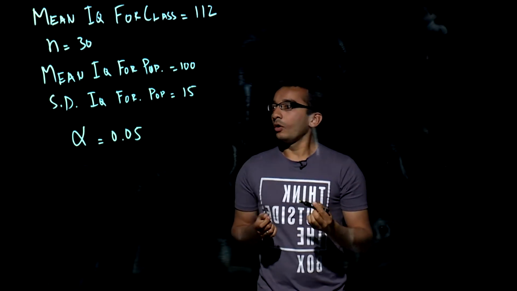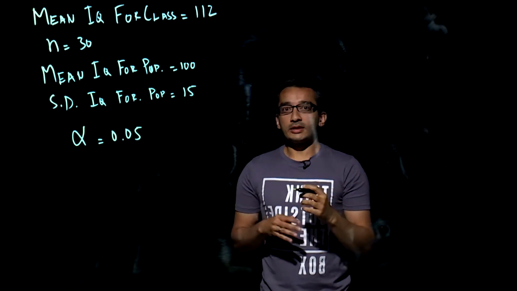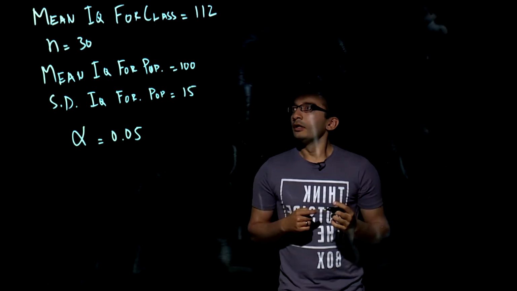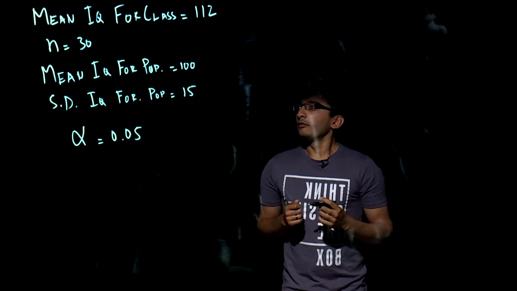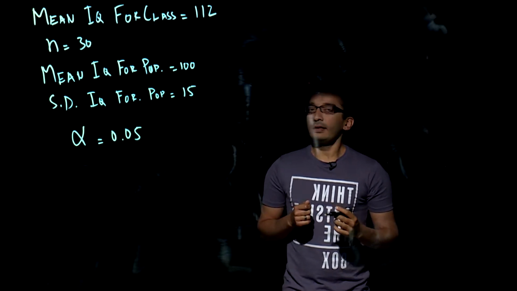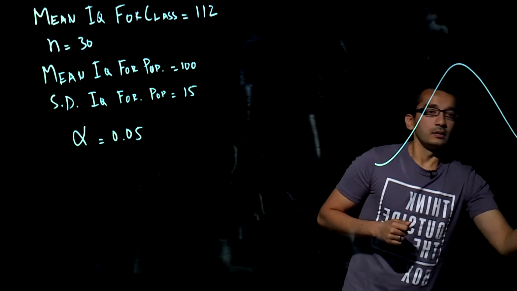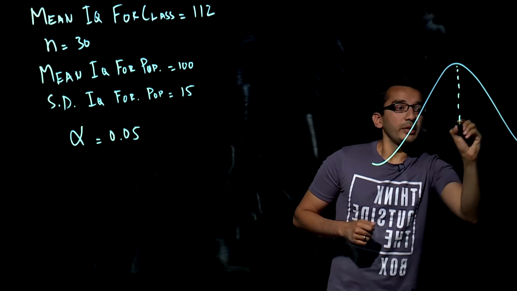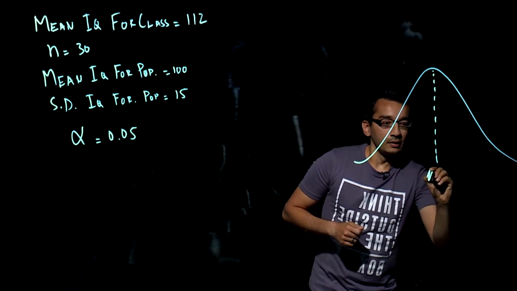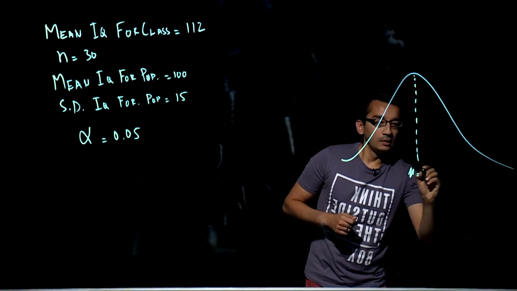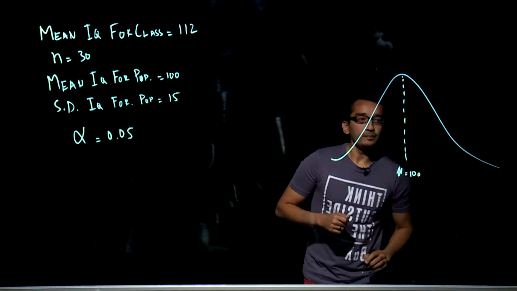So let's see how to figure out the rejection area on the bell curve. To draw the bell curve for this given data, we need to center it around the mean for the population, which is equal to 100.